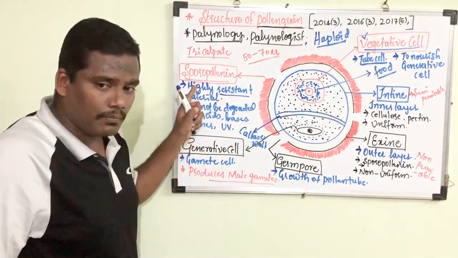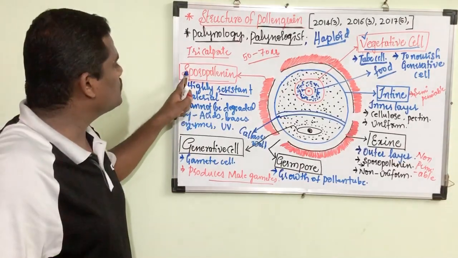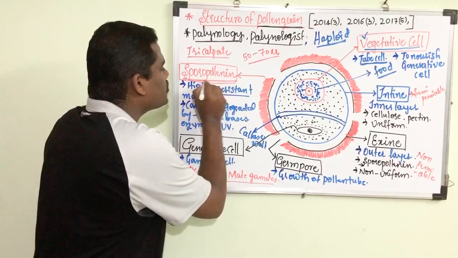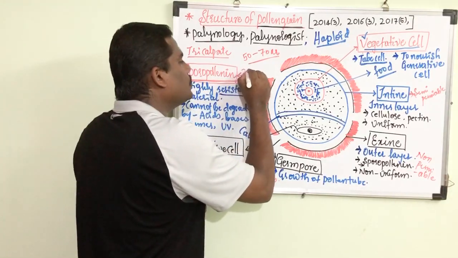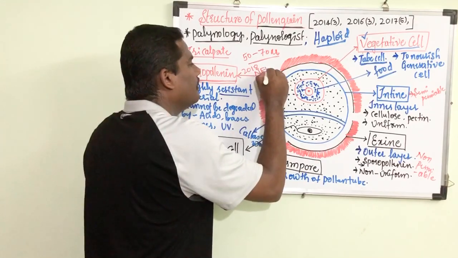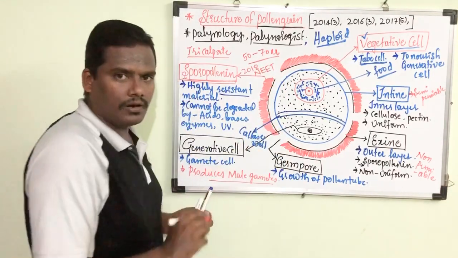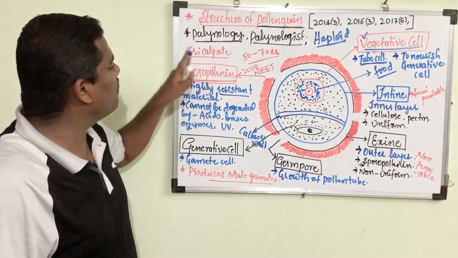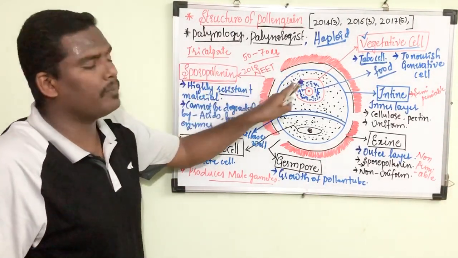Please remember here the most important point is sporopollenin. This question was asked in the 2018 NEET question paper, and the question was, what is the significance of sporopollenin to the pollen grain?